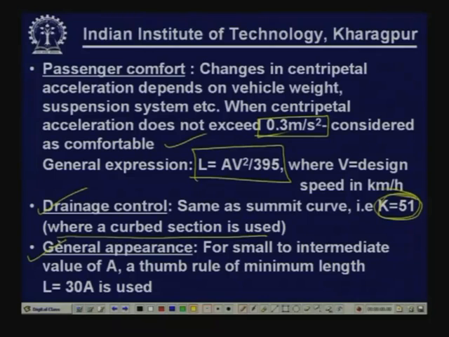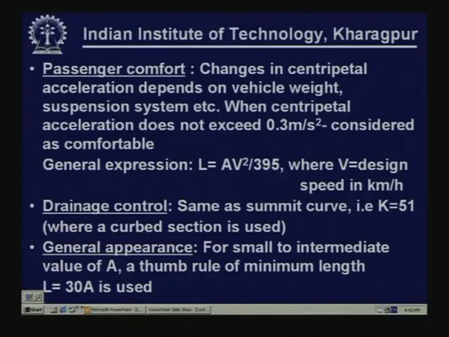Now, general appearance is another criterion considered for design. For small to intermediate values of A, a rule of thumb is used and length is calculated like this, L equal to 30 A. So, these are the 4 different criteria that are used.